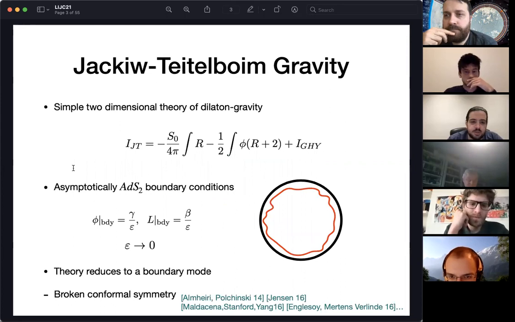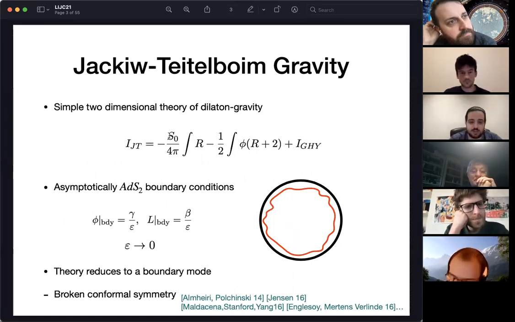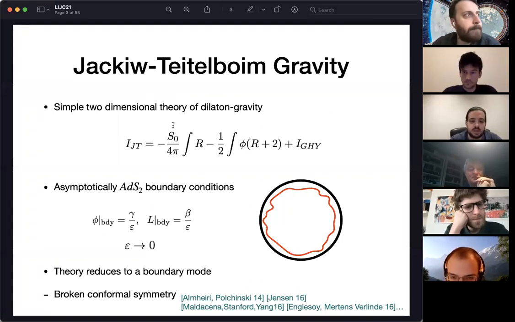So what is Jackiw-Teitelboim gravity? It's a simple 2-dimensional theory of dilaton gravity. It has 3 terms. The first one is topological, comes with some coefficient S0, and will be important later to weight when we sum over topologies. This will give us a weighting in the genus, but for now it's just a coefficient.